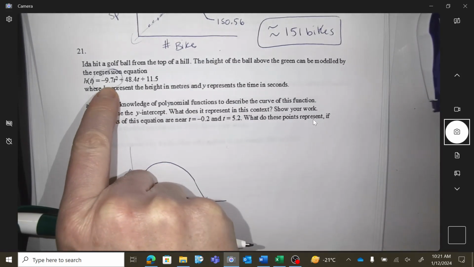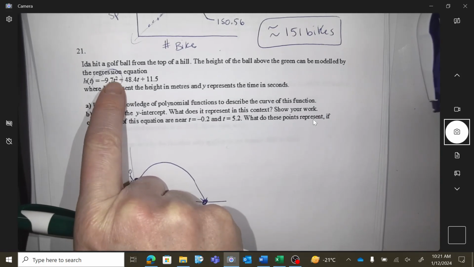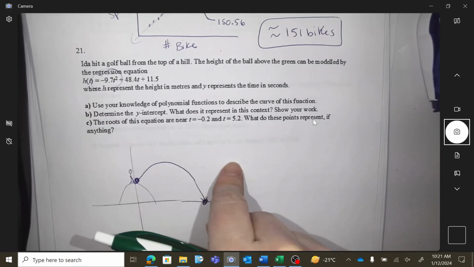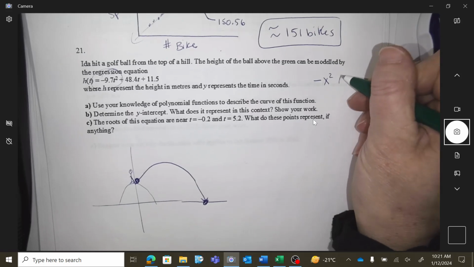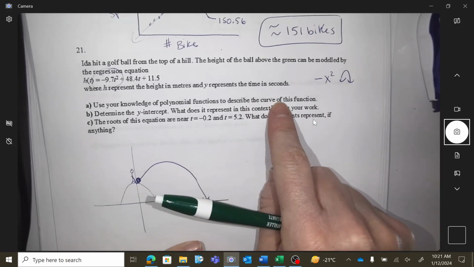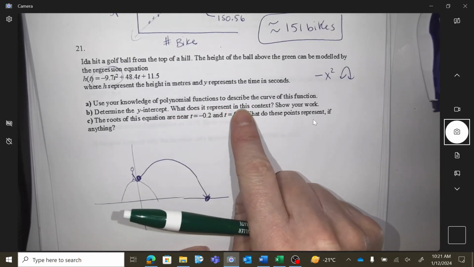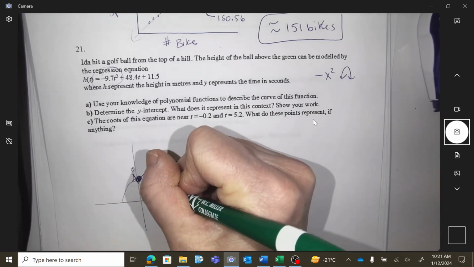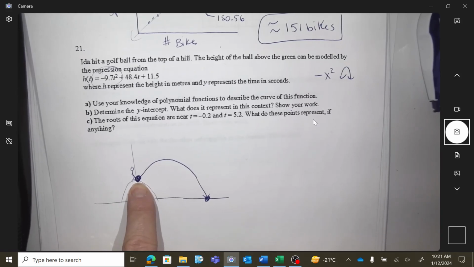Well, I knew it was a negative squared shape, right? Negative x squared. Looks like that. Okay, so now let's talk about the y-intercept. What does it represent? So right here, that's the y-intercept. What is the number without your calculator?